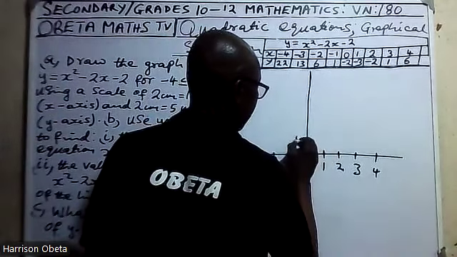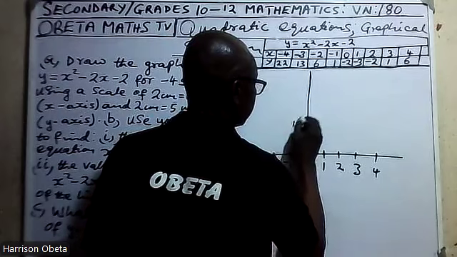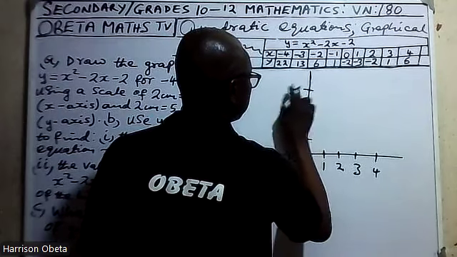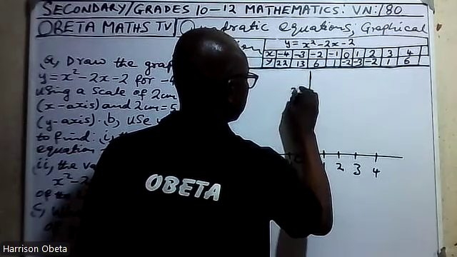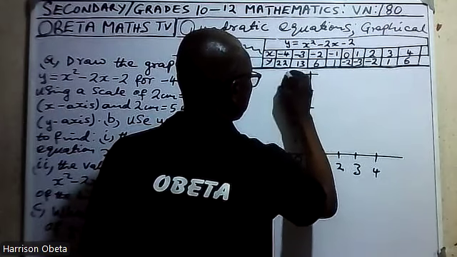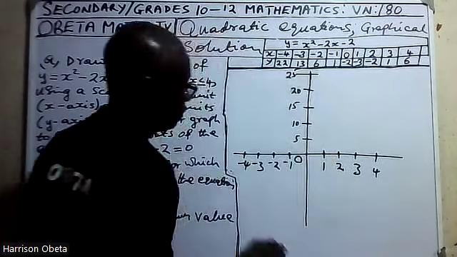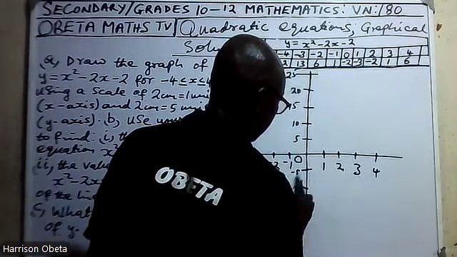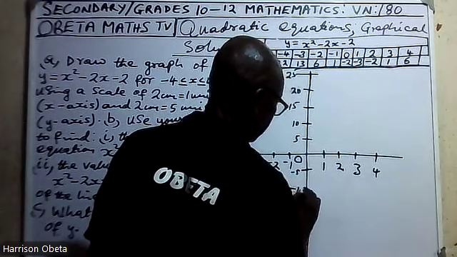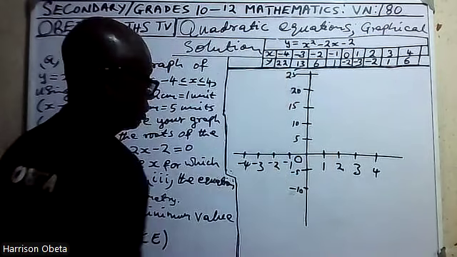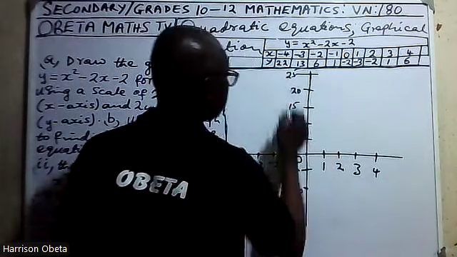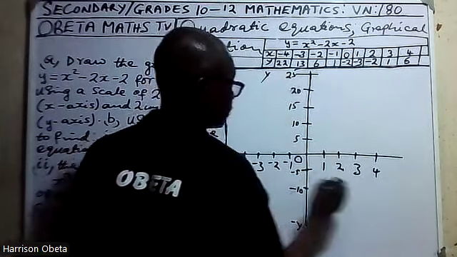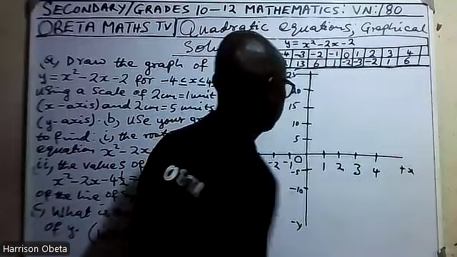So 5, 10, 15, 20, then 25. Coming back, we have minus 5, minus 10, and so on. So this is negative y, positive y, negative x, positive x.